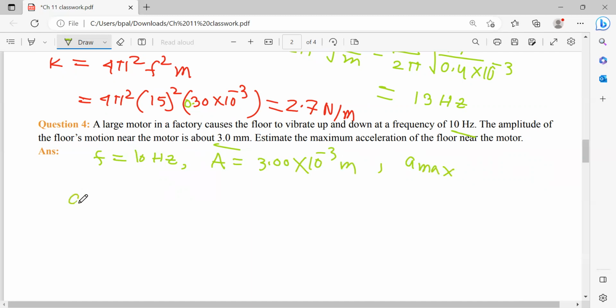So a max is equal to omega square A, and omega, if you remember, is equal to 2 pi f, right?